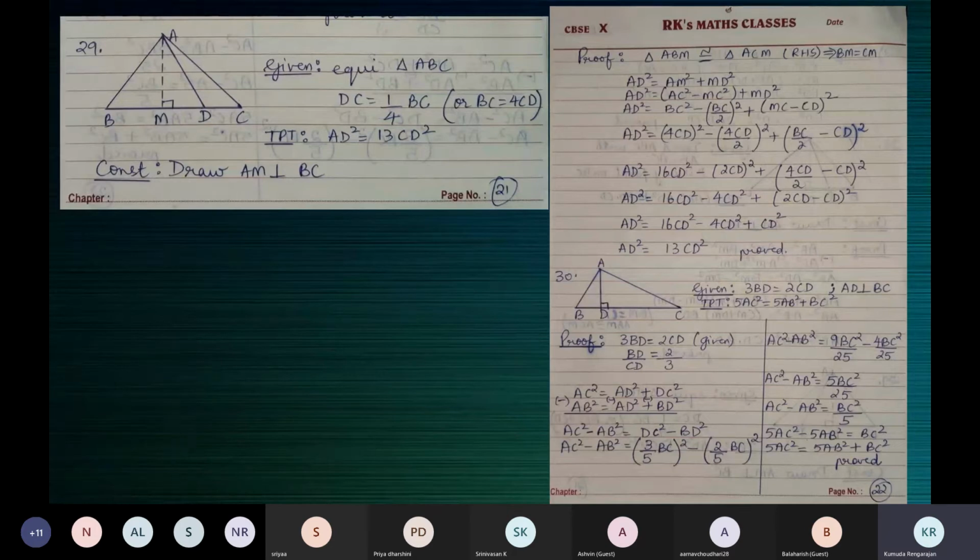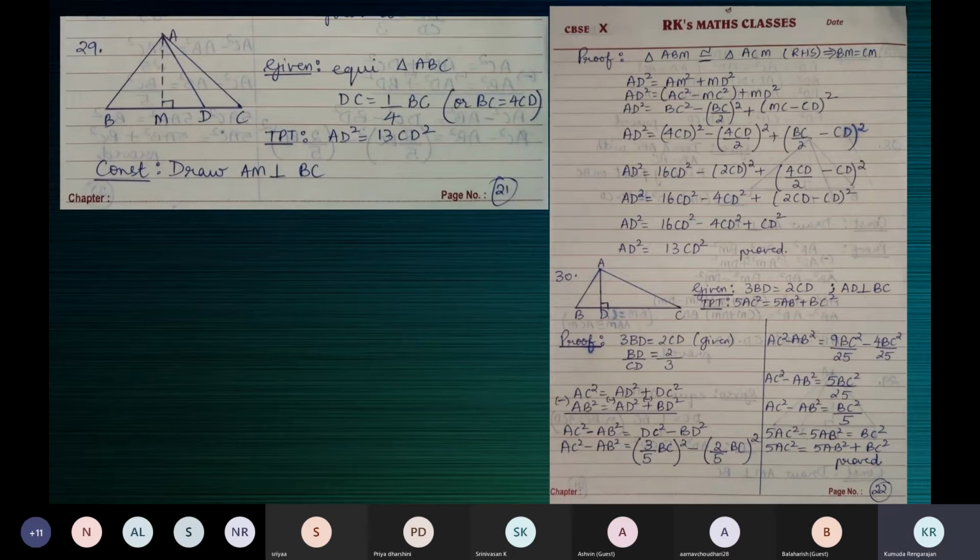Or when you cross multiply, you will get BC is equal to 4 times CD. With this information, we have to prove that AD square is equal to 13 times CD square.